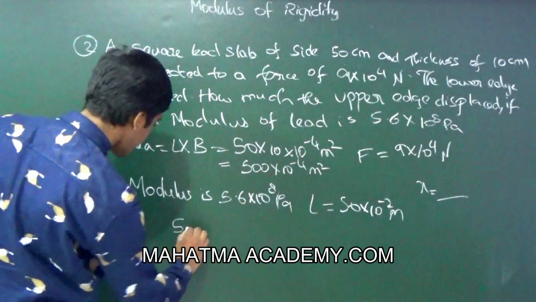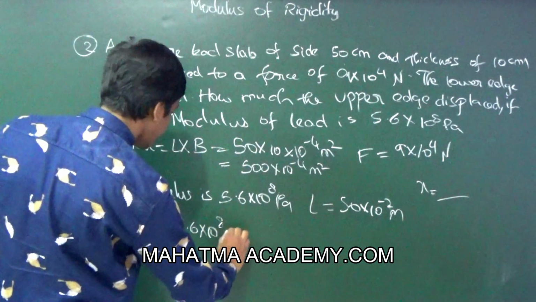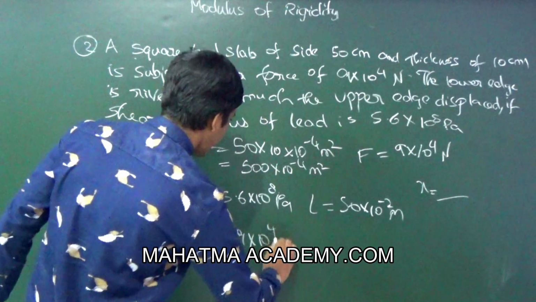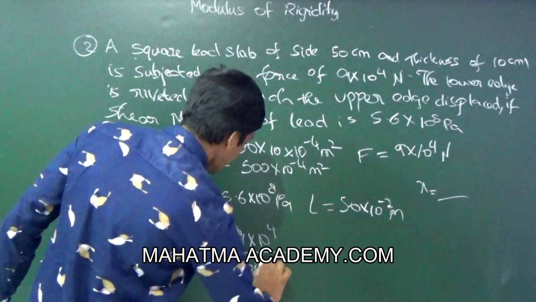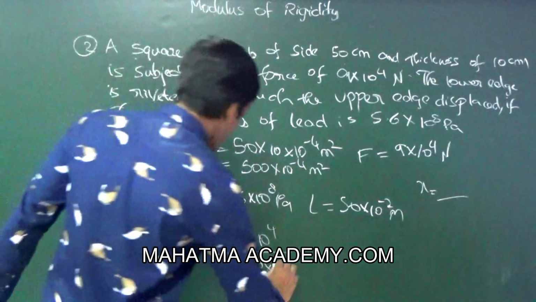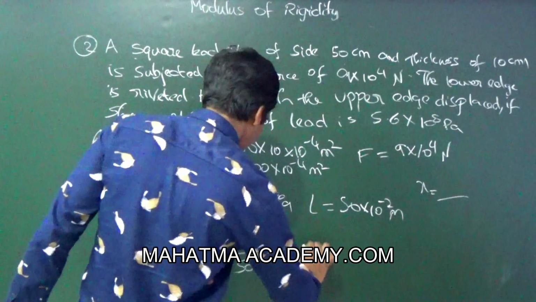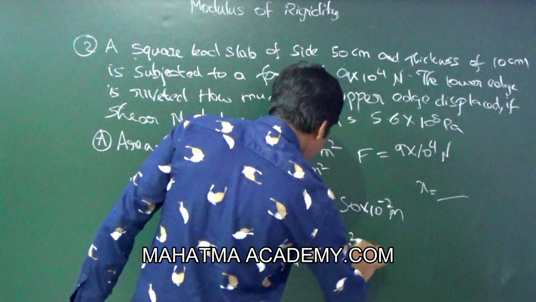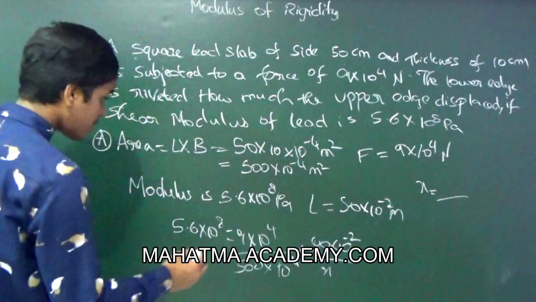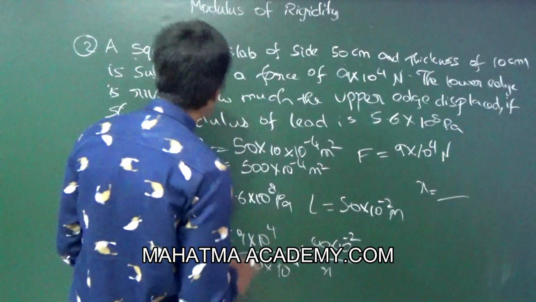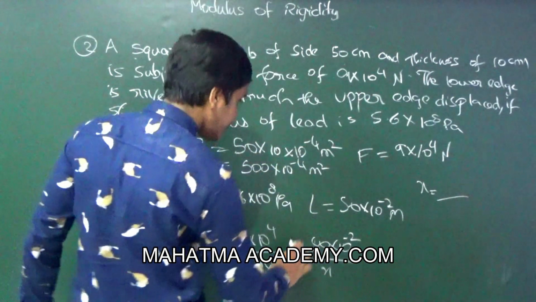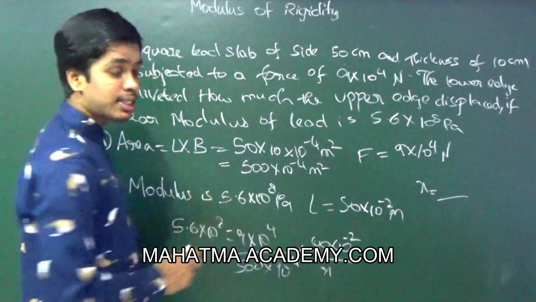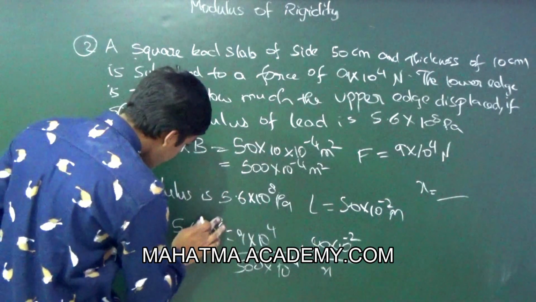So 5.6 into 10 to the power of 8 is equal to the force 9 into 10 to the power of 4 upon 500 into 10 to the power of minus 4 into L by x, so 50 into 10 to the power of minus 2 upon x. So here it will become 10 to the power of 8, 10 to the power of minus 6.